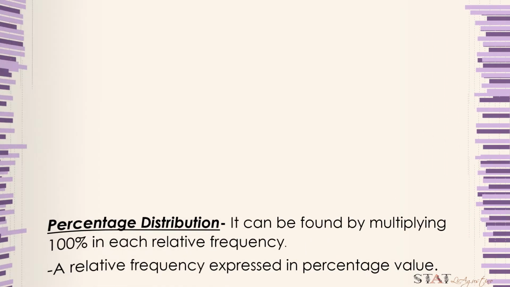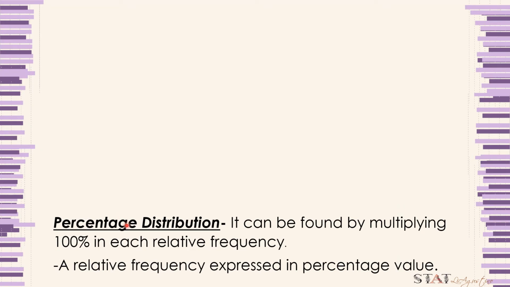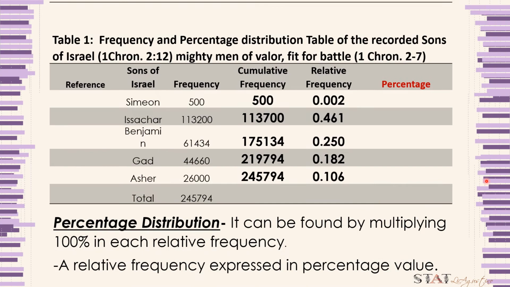Let's define it. The percentage distribution can be found by multiplying each relative frequency by 100%. In other words, it is the relative frequency expressed as a percentage value. So you can just divide 500 by the total times 100, and that becomes the percentage.